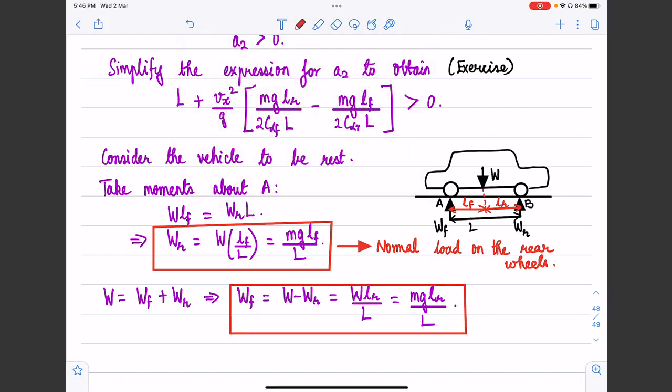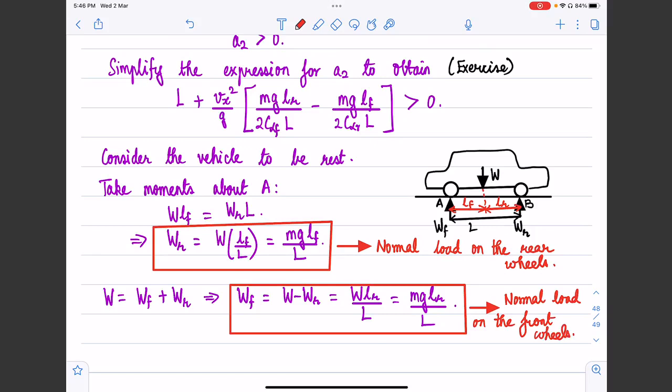WF is the normal load on the front wheels. So we are almost getting to the end of this rather long derivation. Just a few more minutes. Now, why did I do this?